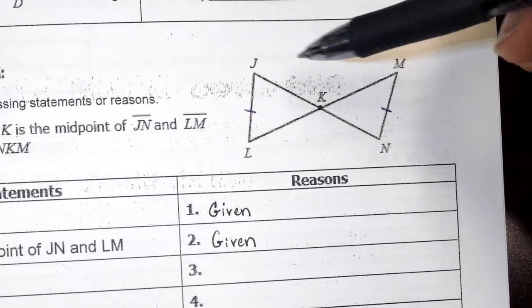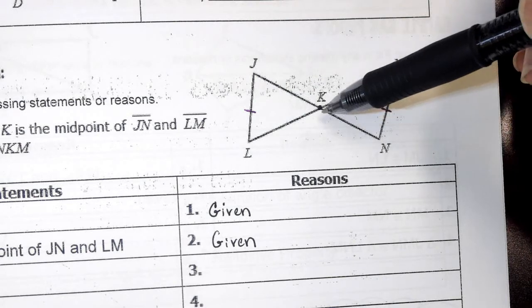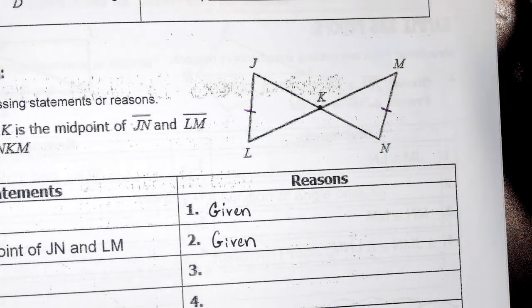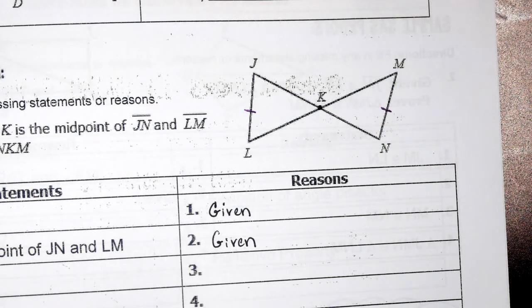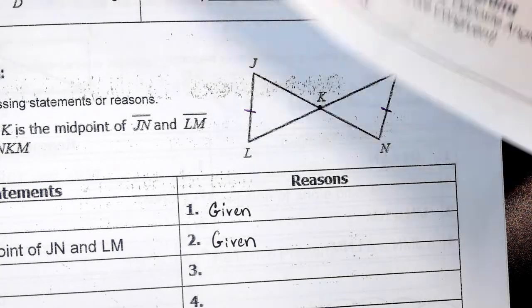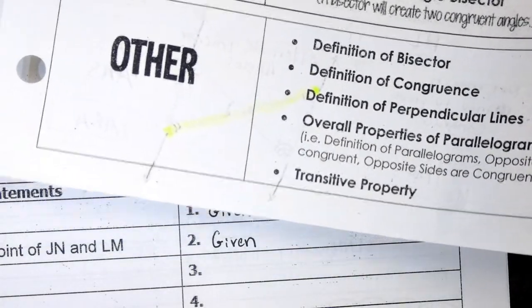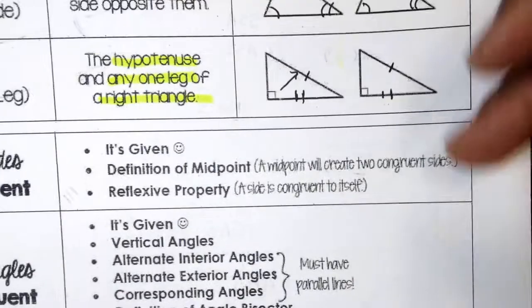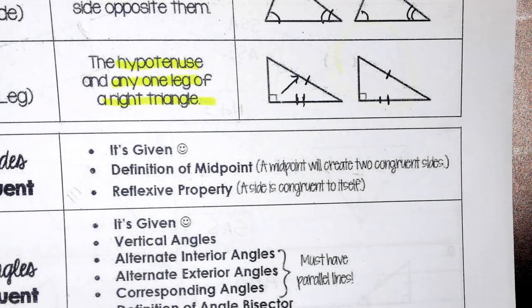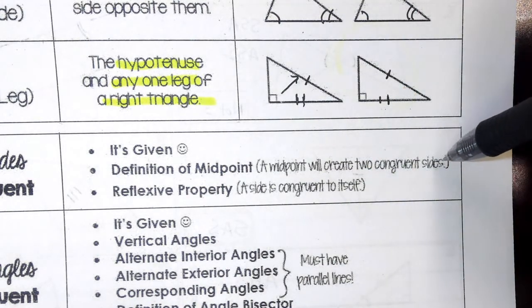Tim, how would I know that segment JK is congruent to segment NK? Because K is the midpoint of JN, right? So look at your reference sheet. What reason would you use to say that you know that JK is congruent to NK? Definition of a midpoint. It says a midpoint will create 2 congruent sides.